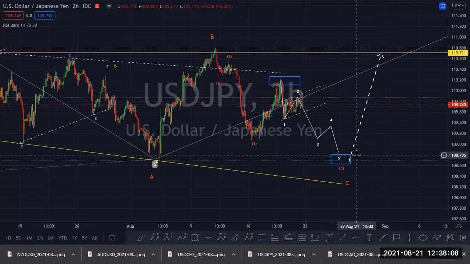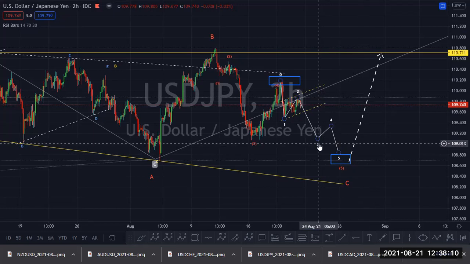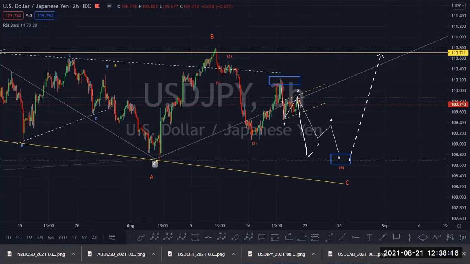The only difference is that wave 3 might be sharp. You may see it dropping to this level. Then wave 4 we cut to this level, below this line, so we may get the move to this level.